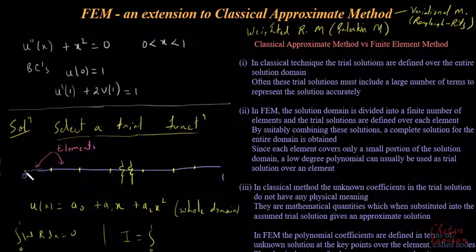And now these points which I have marked in yellow, which connect two adjacent elements, are called nodes. So these points are called nodes, and these small parts are called elements.